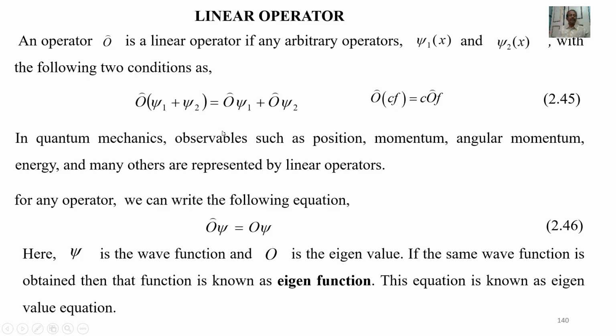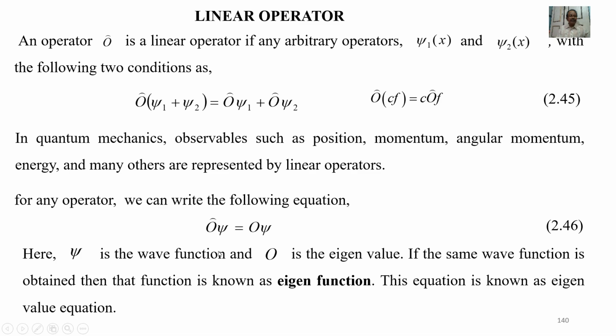In quantum mechanics, observables such as position, momentum, angular momentum, energy, and many others are represented by linear operators. For any operator, we can write the following equation. O operating on psi will give us the value O times the wave function.